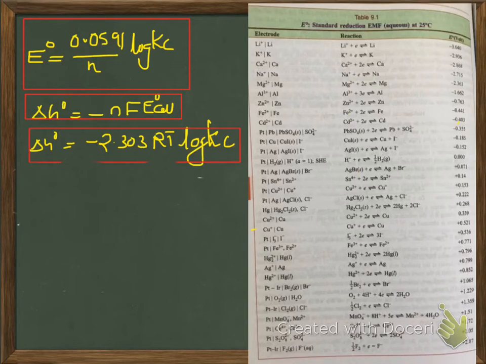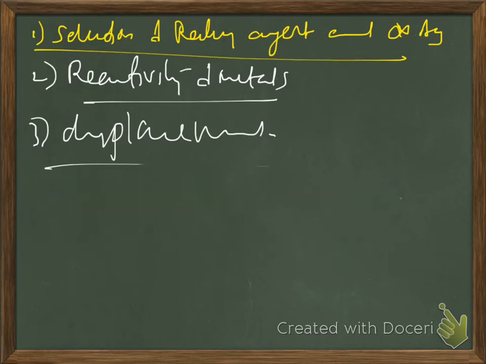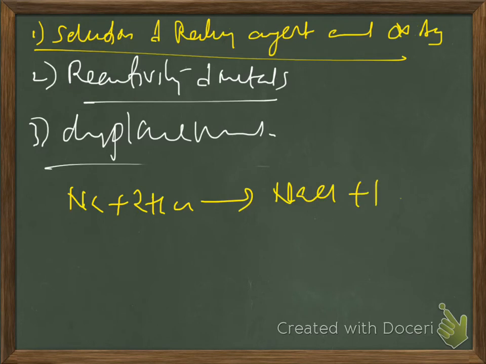Now, the same thing can be used to predict the displacement of hydrogen from mineral acids. That is the fourth application. When sodium is added to hydrochloric acid, the product will be NaCl plus H2. Metals can displace hydrogen from mineral acids.